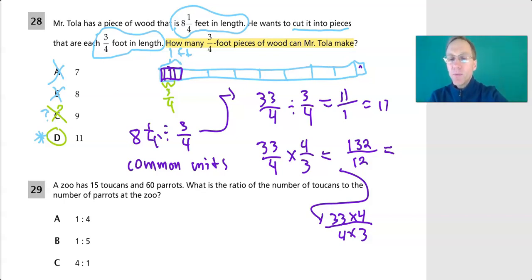And once you've got them in this form, you can say, I'm going to divide them anyways, so I could just divide them ahead of time. So 4 divided by 4 is just 1, and 33 divided by 3 is just 11. So you could save some time that way. You don't have to multiply everything out.